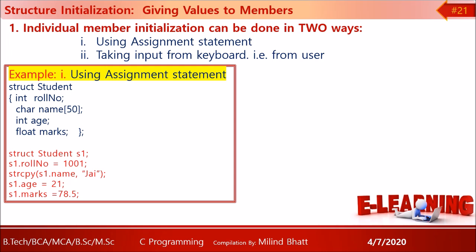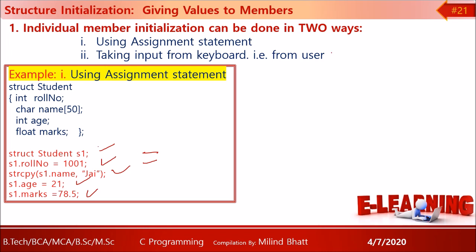Later in my program, I am creating an object of it, say struct student S1, and then I want to assign individual values to it using assignment statements. S1 dot roll number is 1001. strcpy, string copy, S1 dot name, J. S1 dot age equals 21. S1 dot marks as 78.5. Equal to is the assignment operator, and with the help of this I am assigning values to it.